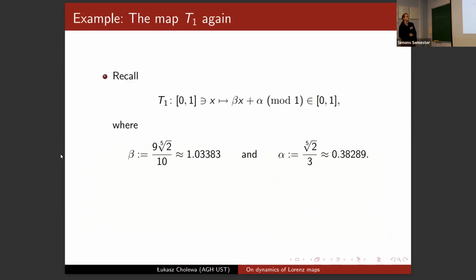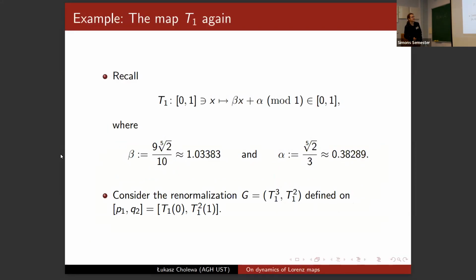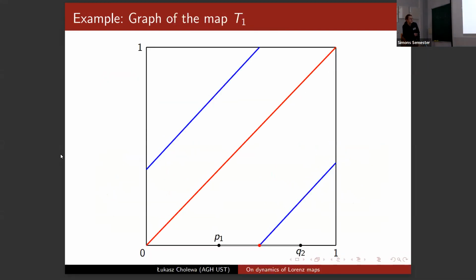So I have this map given by these values of beta and alpha, and I have renormalization G that I discussed at the beginning. It's the renormalization defined on this gray interval P1, Q2. And we can observe that all points from interval (0, 1) eventually fall into the interior of this interval P1, Q2.